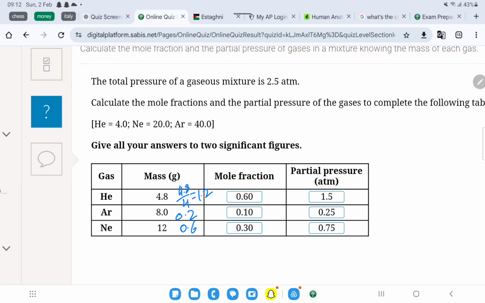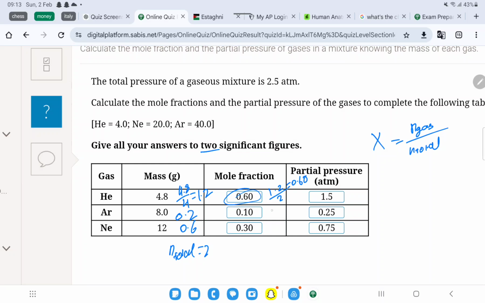And now we want the total moles, so we add them all together. 1.2 plus 0.2 plus 0.6 equals 2. So we have our N total is 2. And to find the mole fraction using moles, we have X equals N gas over N total. So starting with helium, N gas is 1.2 over 2, 0.6, and we want two significant figures, so 0.60.